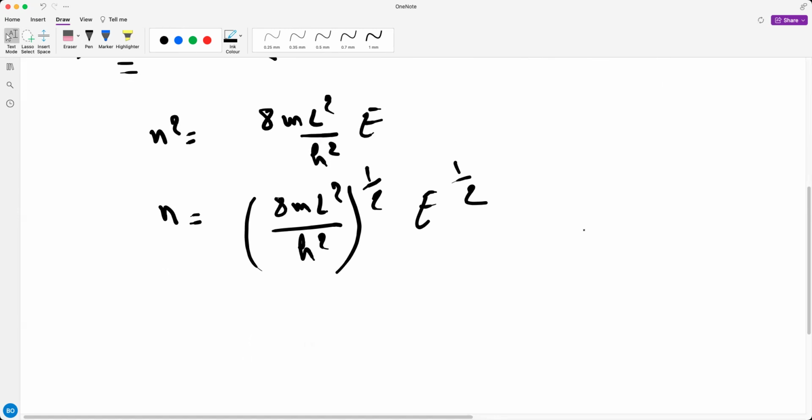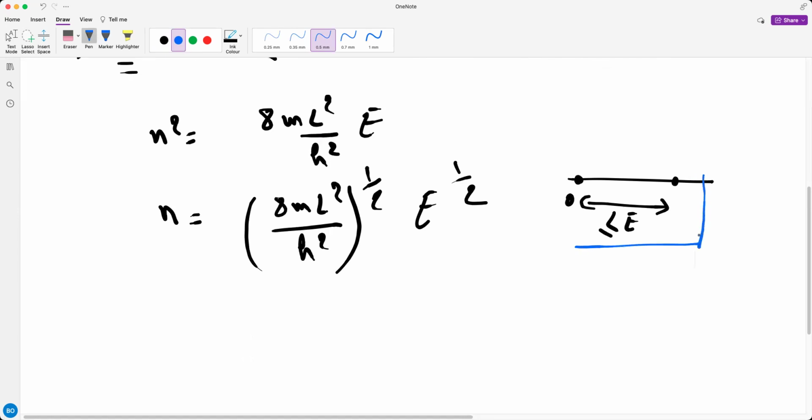As we mentioned before in the 3D part, we want to look at the following. This is 0. This is the number of states that have an energy less or equal than E. And I want to calculate the number of states that have an energy less or equal than E plus dE, because I want to know how many states are in this dE, which is almost a continuum.